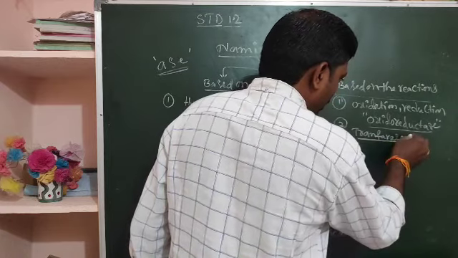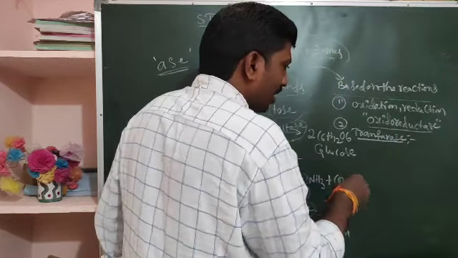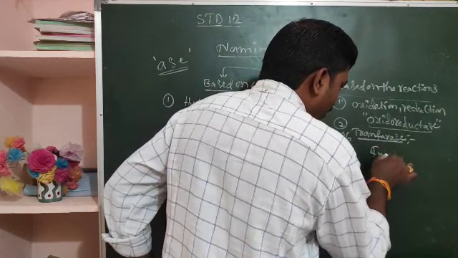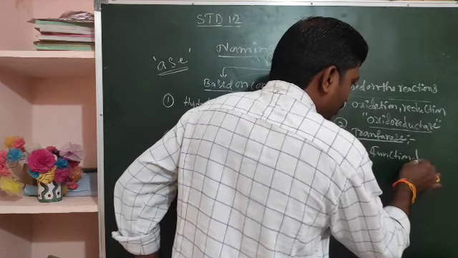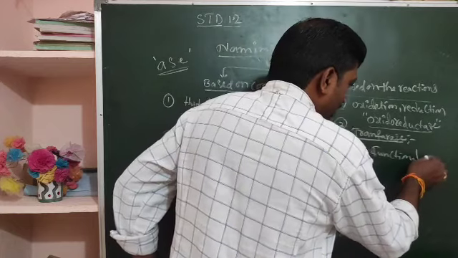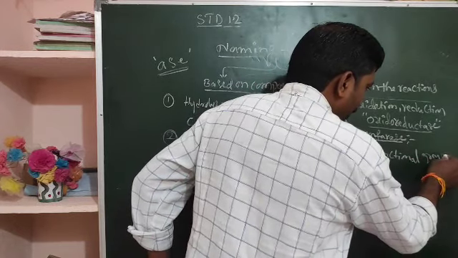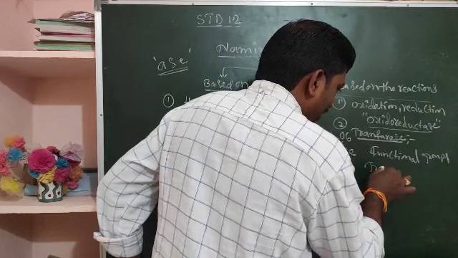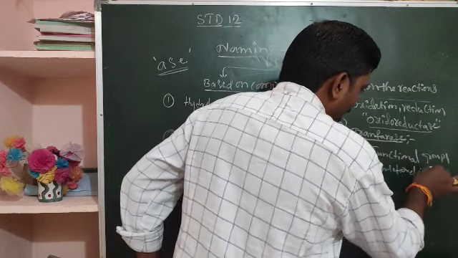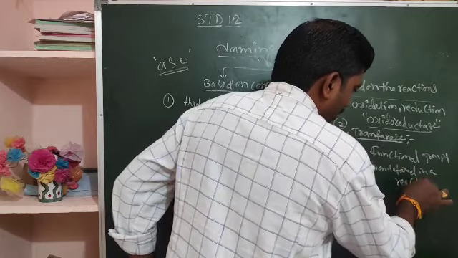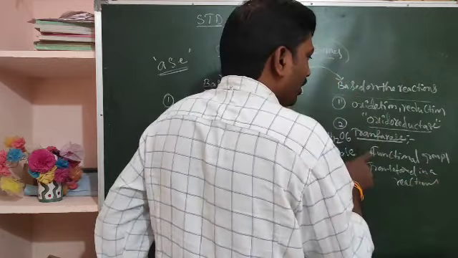This is also an enzyme name. What is this reaction? Reaction means functional groups, which you already know from your 12th standard. Functional groups are transferred in a reaction, and it will happen only with the help of transferase.